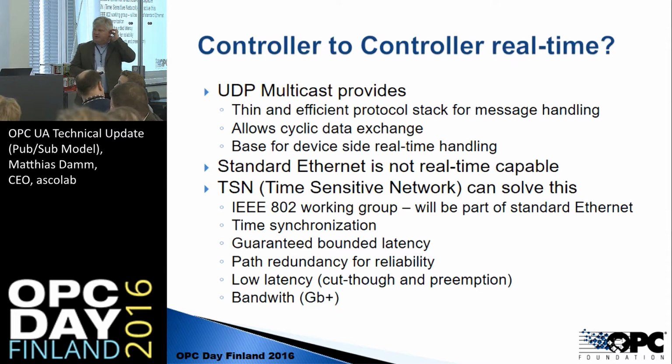They are working on extensions for standard Ethernet that make it real-time capable. And we are more or less layering OPC UA on top of these extensions, and there's a lot of interest in that topic at the moment.